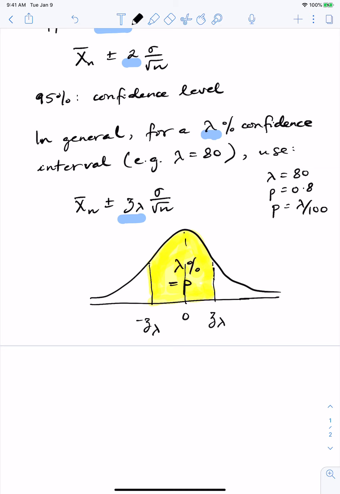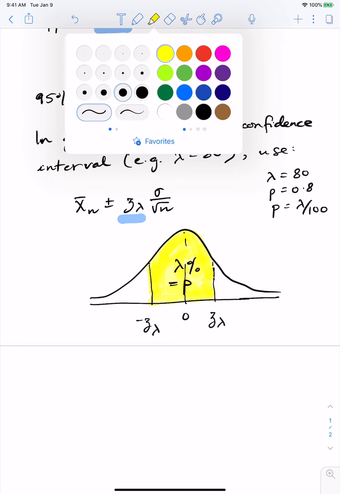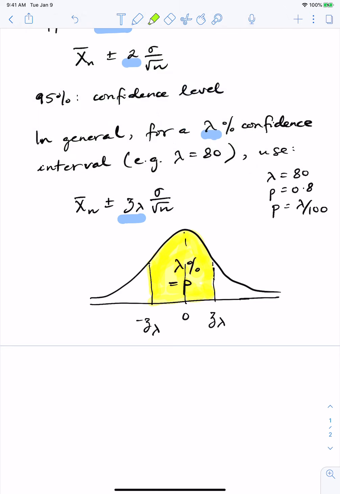And so for all the area to the left of z, you also have to take into account this portion, which isn't in your p, right? It's additional, and it is 1 minus p is both tails. This is one tail, and so it's 1 minus p over 2.